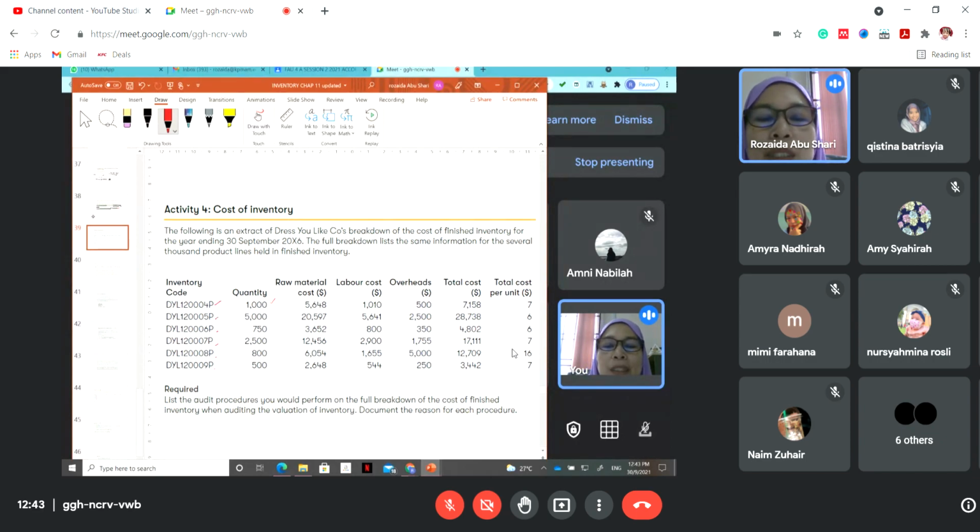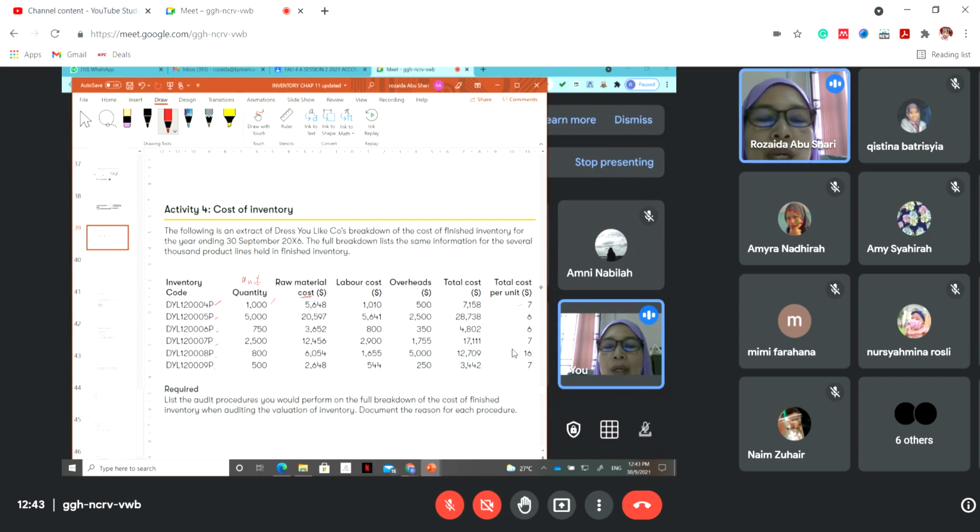Raw material cost, this is in units. This is the value. So labor cost, material cost and overhead. The total cost is 7158 dollars and total cost per unit is 7 dollars.